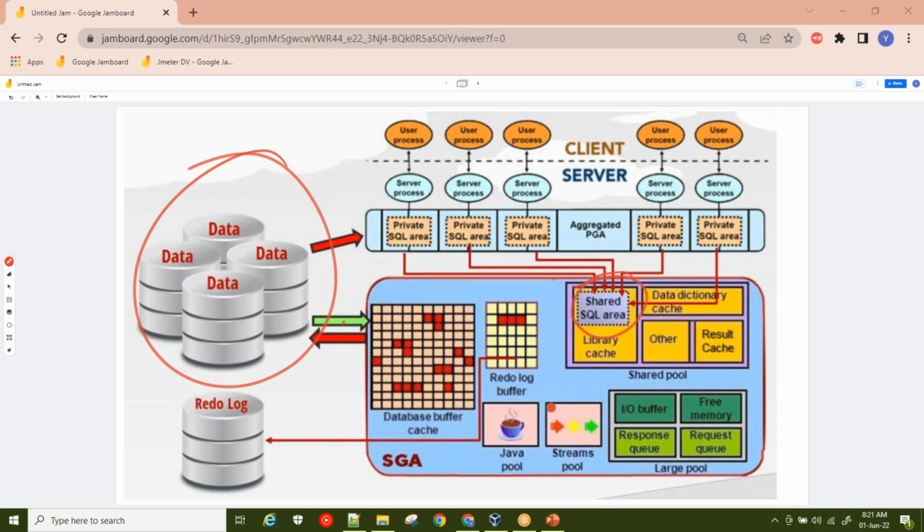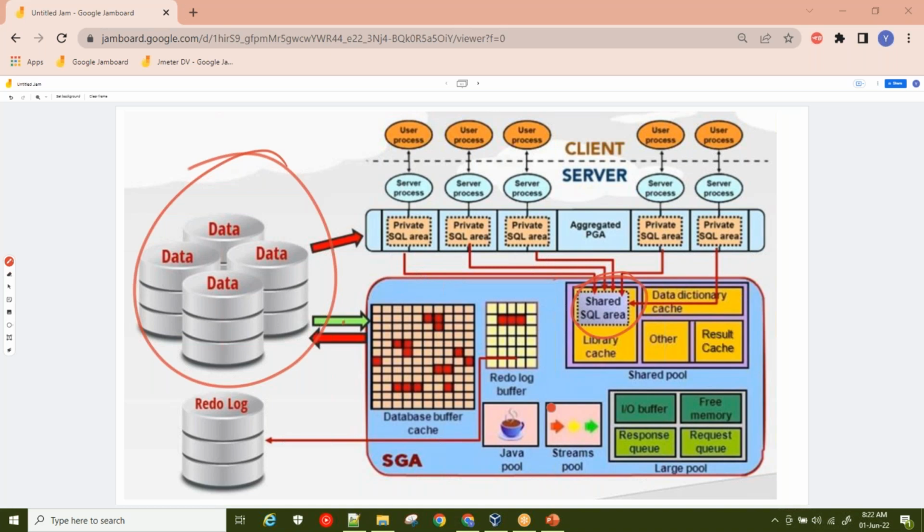Generally 80% of the time it will be low memory issues, like PGA memory is less or SGA memory is less. Though automatic memory management is there in Oracle, sometimes the algorithms are not that perfect, so we need to tune it manually. For that we need to know what all components are there.